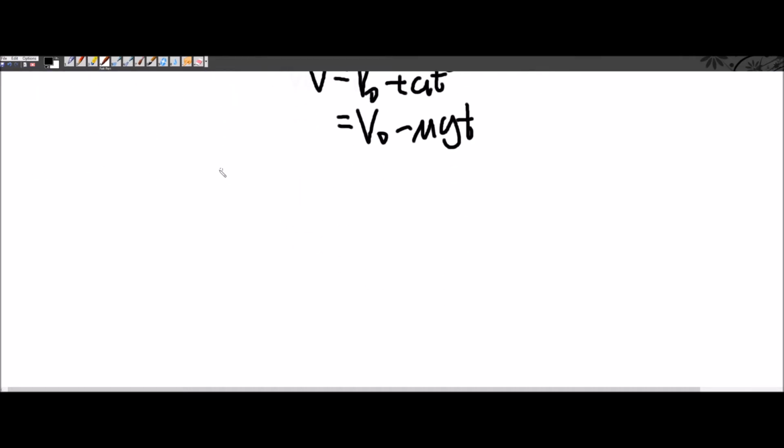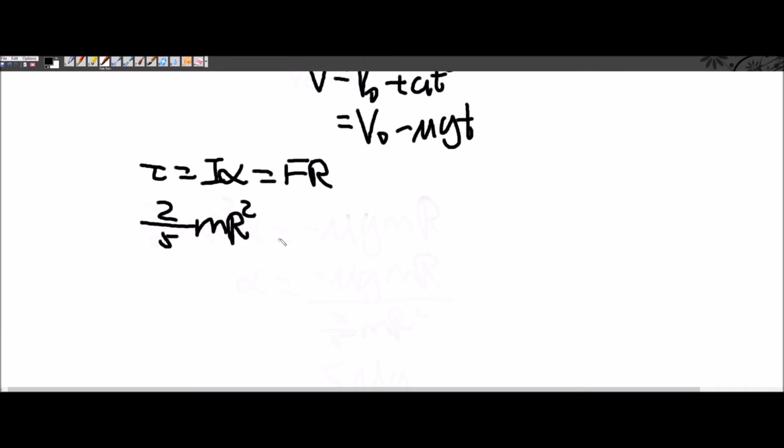After that, the torque will just be equal to I alpha, which will also be equal to F r. Now we can sub in the values we know. I, the moment of inertia of a sphere, is equal to 2 over 5 m r squared. I carry alpha down here.